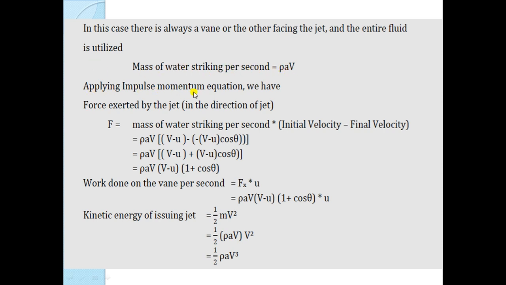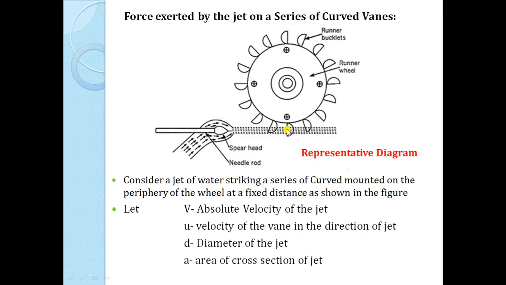So, if you apply the impulse momentum equation, the force exerted by the jet on the vane is given by F equals mass of water striking per second into initial velocity minus final velocity. Now, in this case, the velocity with which the jet strikes the vane is the relative velocity.